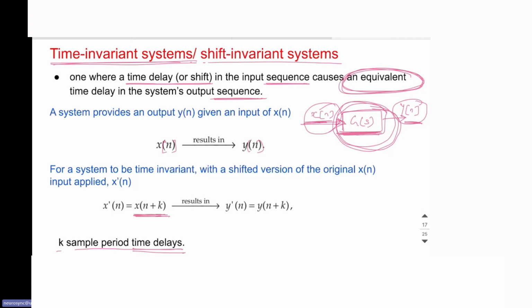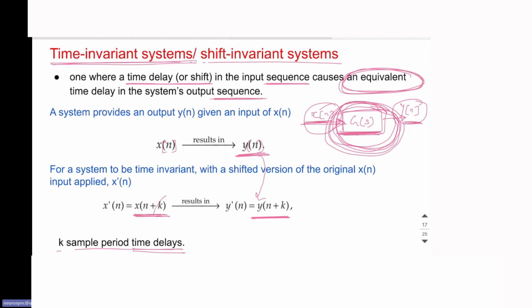Now, if this system is time invariant, what will I get? I will get the same shift in the output signal. That means my output signal will be y of n plus k.